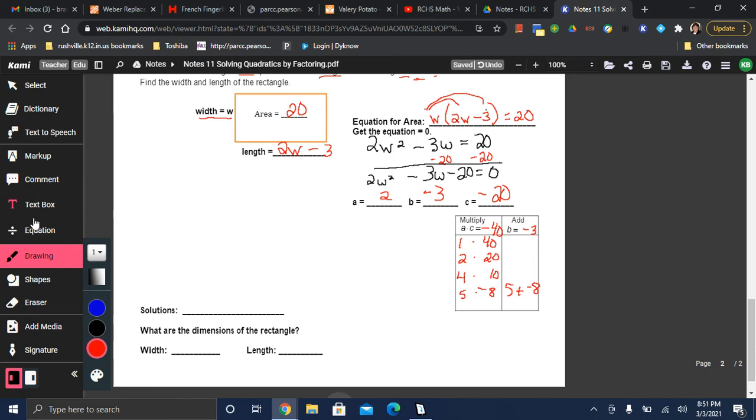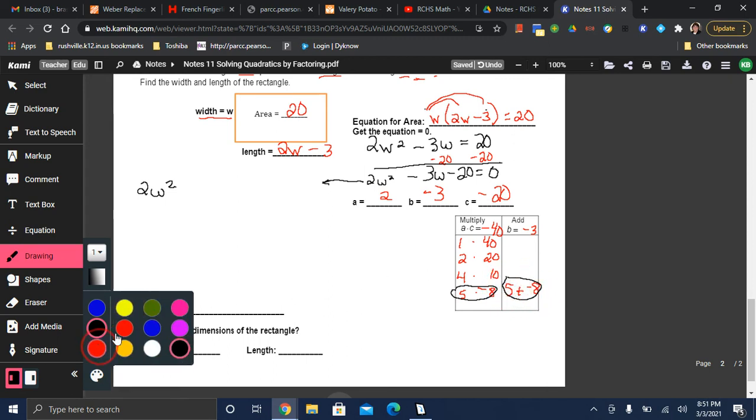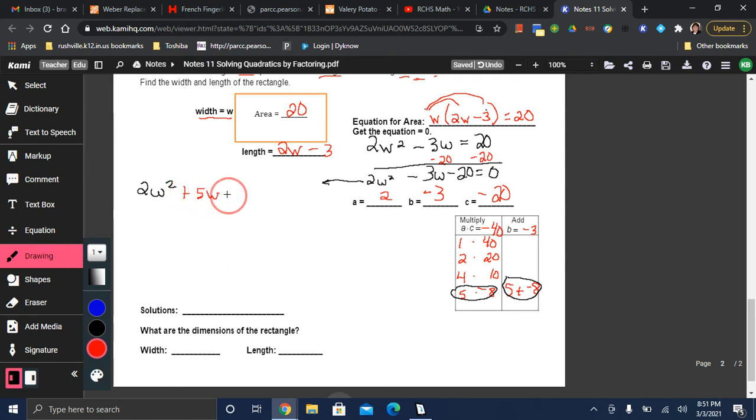So I'm going to rewrite this 2w squared, but then split and use my 5 and negative 8. So plus 5w minus 8w, and then continue on with minus 20 equals 0.